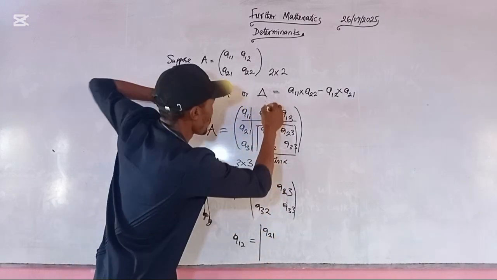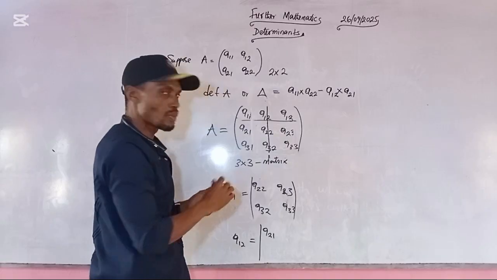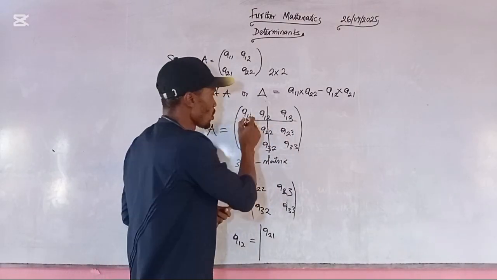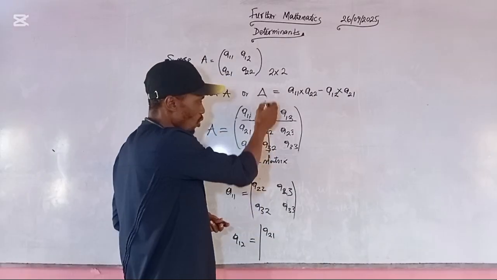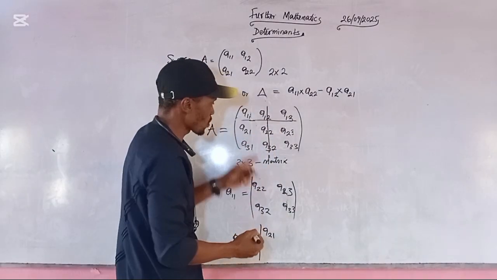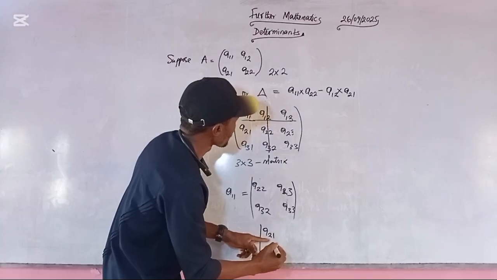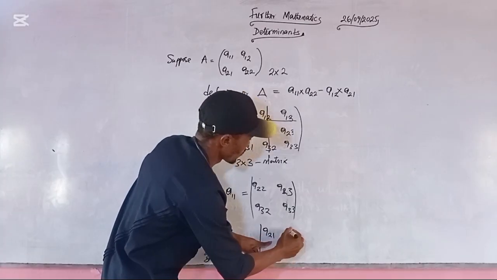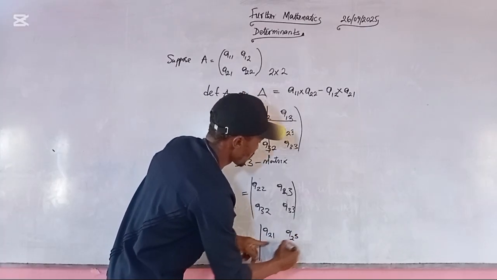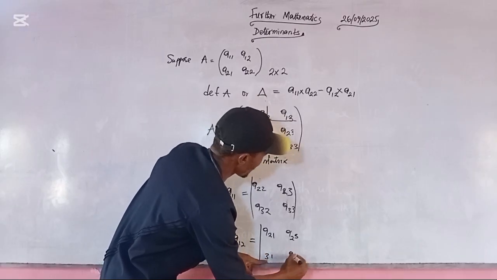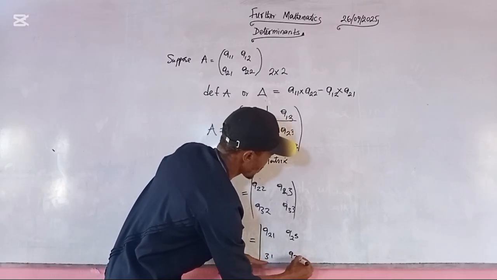So if you delete the row which A12 belongs to and the column which A12 belongs to, you are going to have A21, A23, A31 and A33.